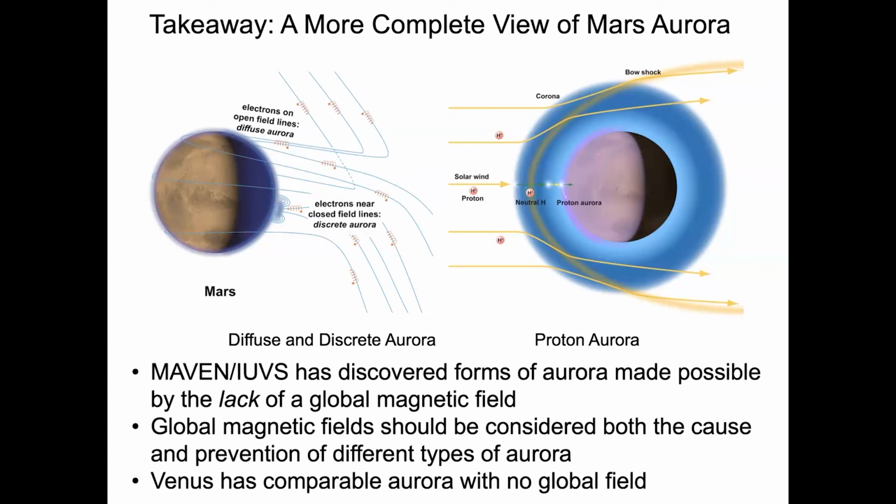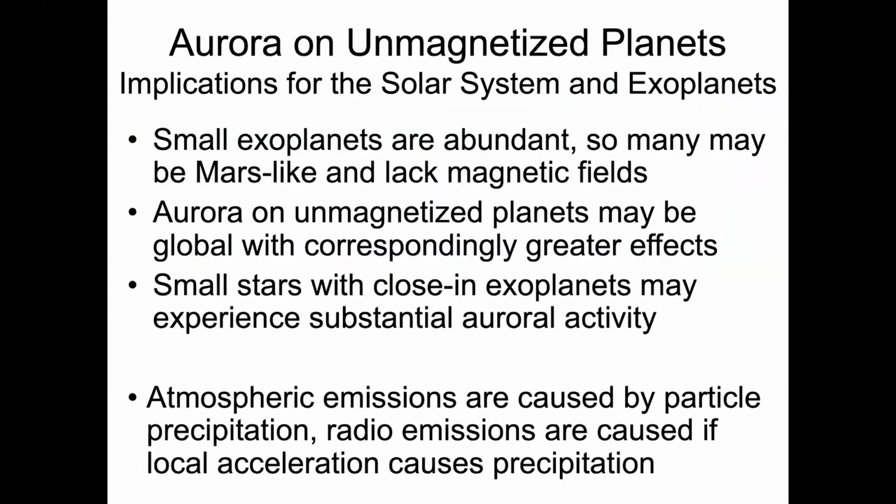So summarizing just the nature of these auroras is that the lack of the magnetic field has enabled new forms of aurora, and so global magnetic fields need to be considered either the cause or prevention of different types of aurora. So implications for the solar system and exoplanets: it suggests that small exoplanets that don't have magnetic fields are likely to have aurora induced by solar or stellar activity, where the acceleration happens at the star and not in the planetary magnetosphere.